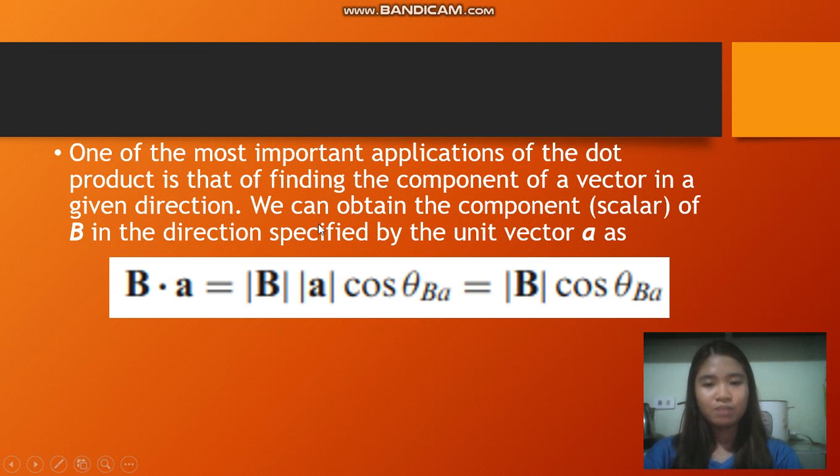Pag hinanap natin yung B dot A, equals siya sa magnitude ng B times magnitude ng A cosine theta, tapos yung angle ng B at A. At equal rin siya sa magnitude ng B cosine theta ng B at A.